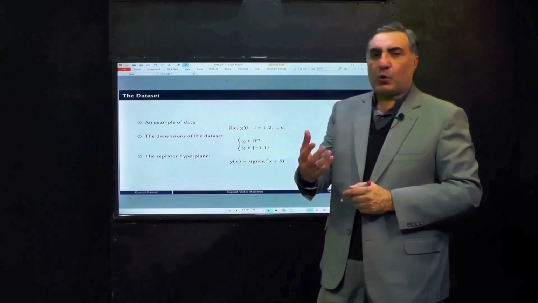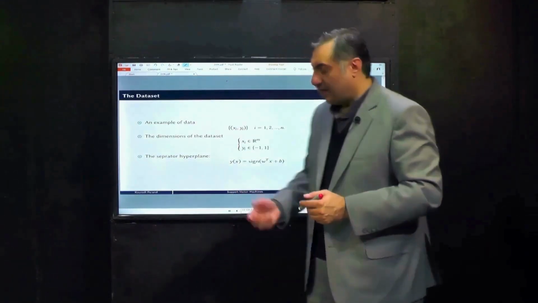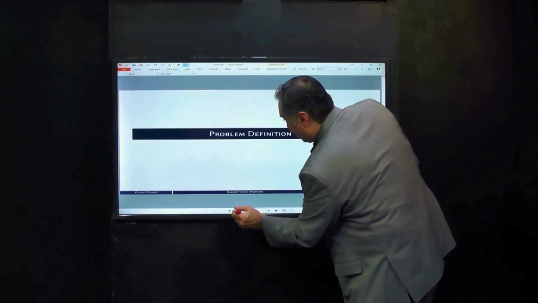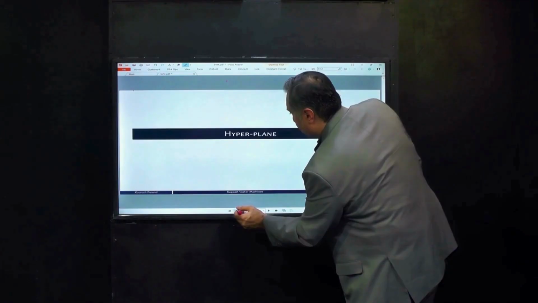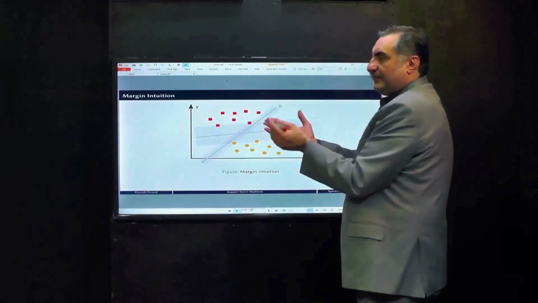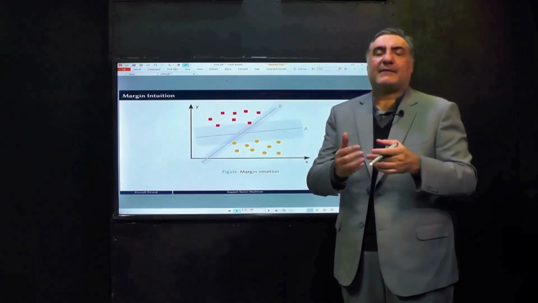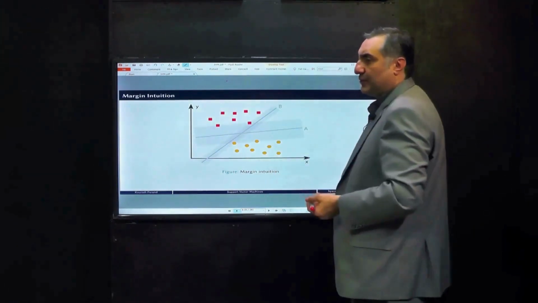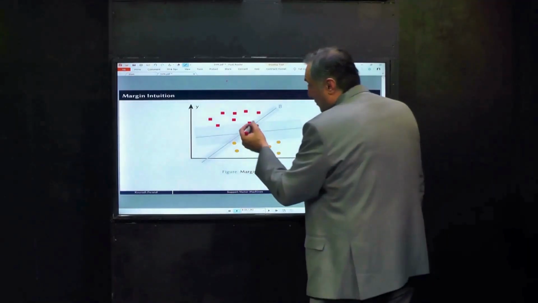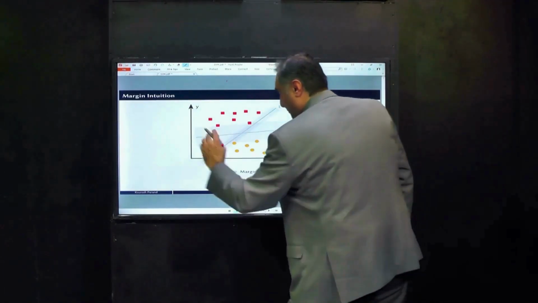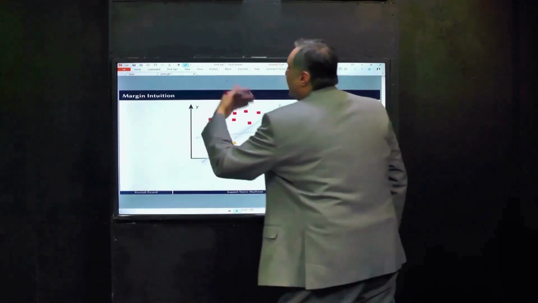First, let me go over the assumptions so things are clear. As we mentioned before, we had two types of data. Our topic was classification, specifically for two classes of separable data. As you know, these are on this side. If you consider this margin, these are on this side.